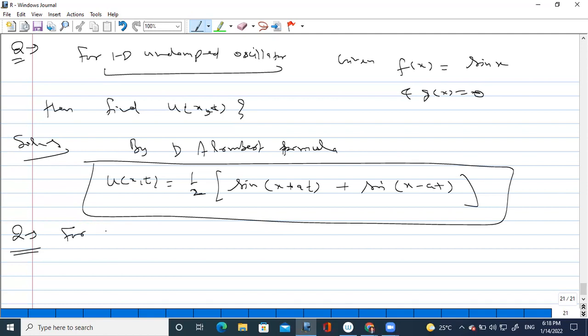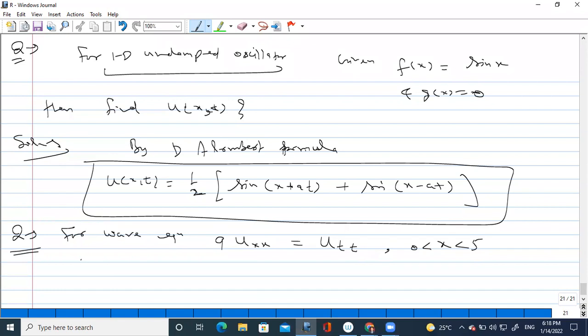Okay. For the wave equation 9 u_xx equal to u_tt. Here the limits of x are 0 to 5. Now remember that the value of L has been changed. The value of L is 5 now. The value of a is 3 now. That also you have to use.